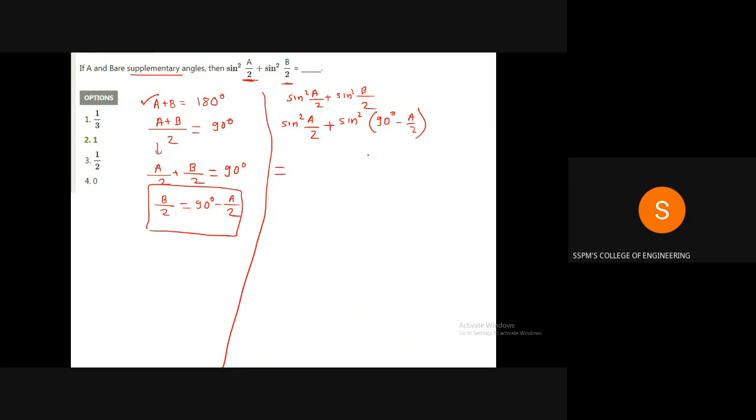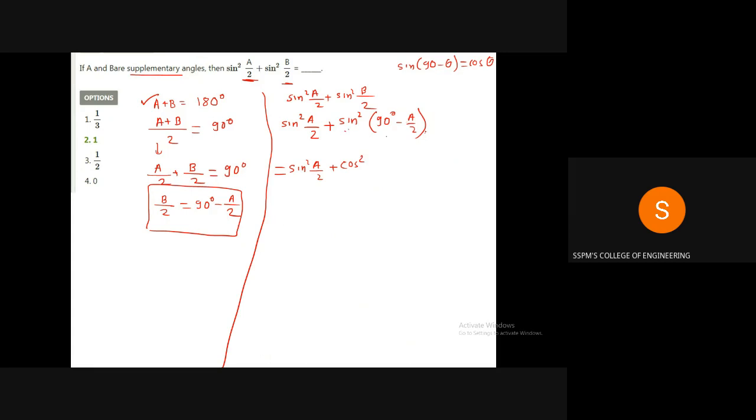What is sin 90 minus theta? Sin 90 minus theta is cos theta, isn't it?